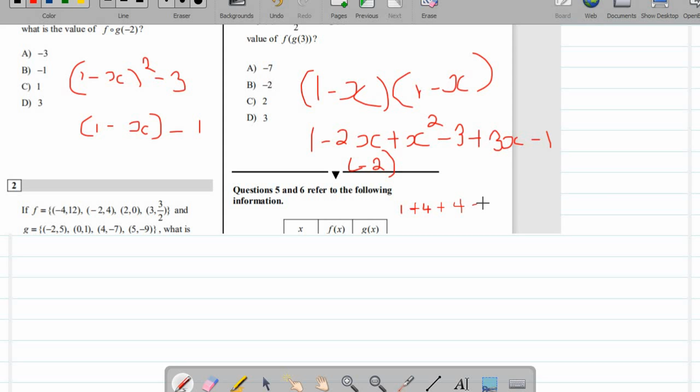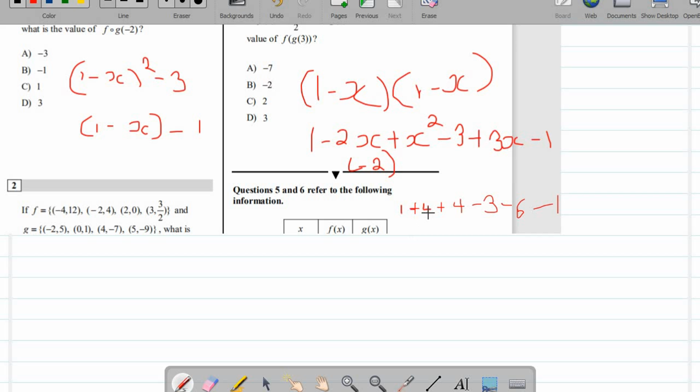Then minus 3 plus 3 times minus 2 is minus 6. So minus 6 here. Then minus 1, and that's it. Let's do that from left to right.